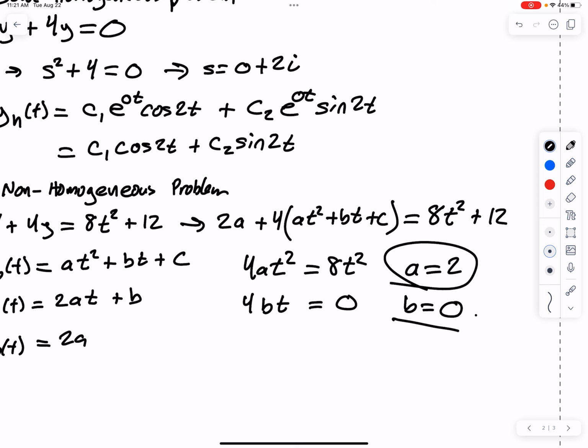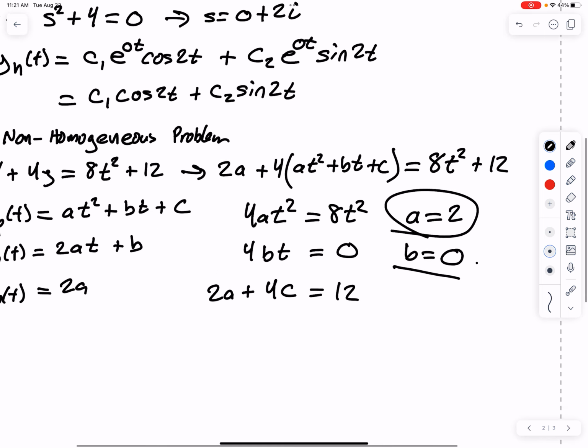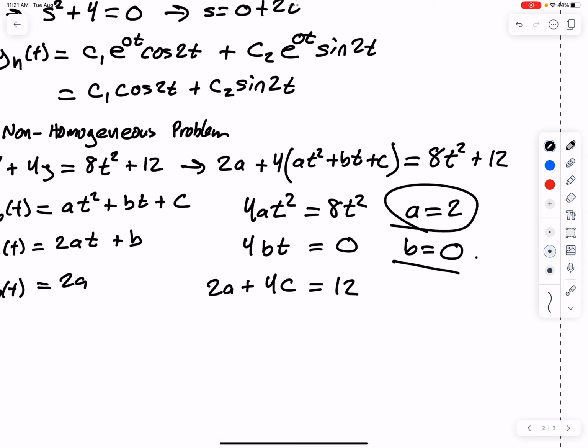And then I'm going to take the constant terms. So 2a plus 4c has to equal 12. Now I already know that a is 2, so 4 plus 4c has to equal 12. So c must equal 2 as well, so that 4 plus 8 equals 12. So a is 2, c is 2, and b is 0.